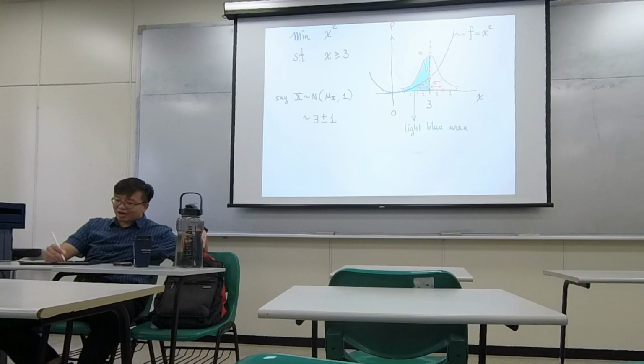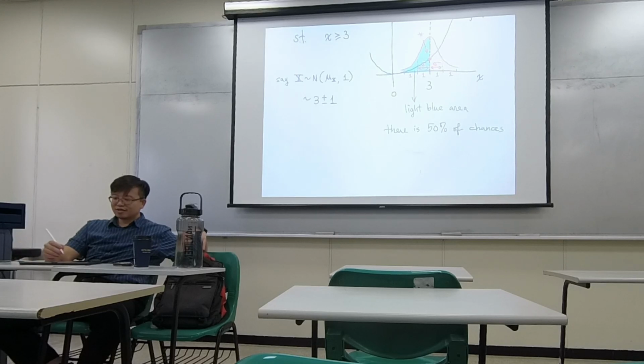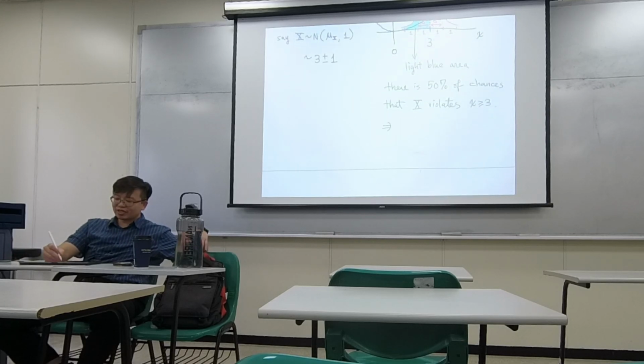So there is 50% chance that x violates the constraint. So what does that mean? That means the failure rate is 50%.